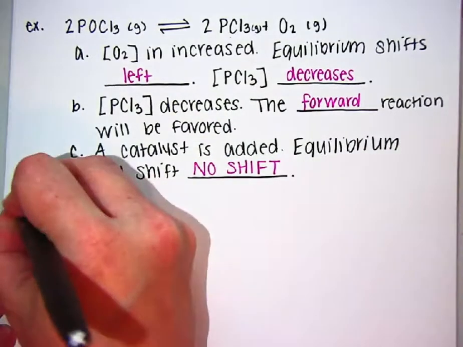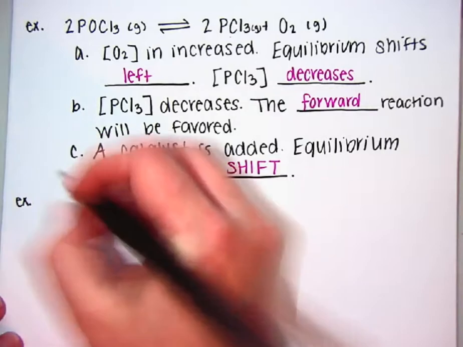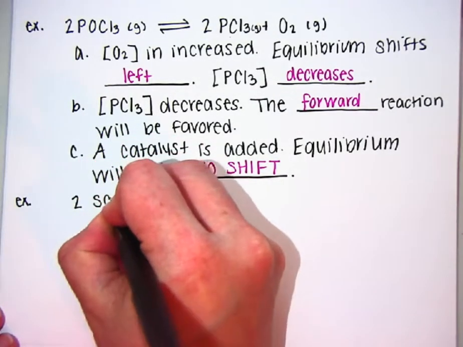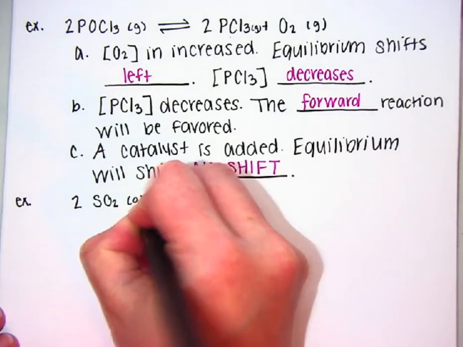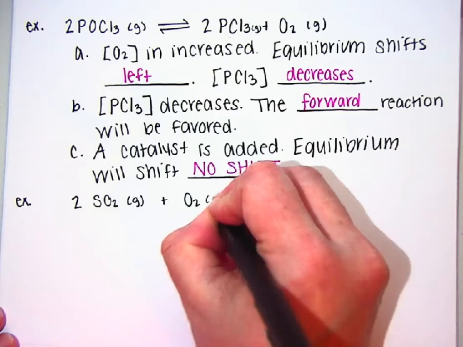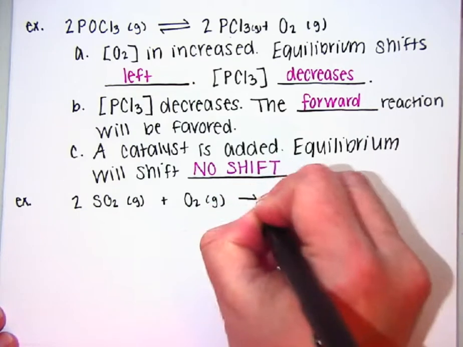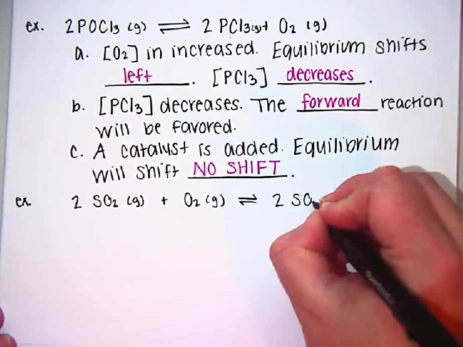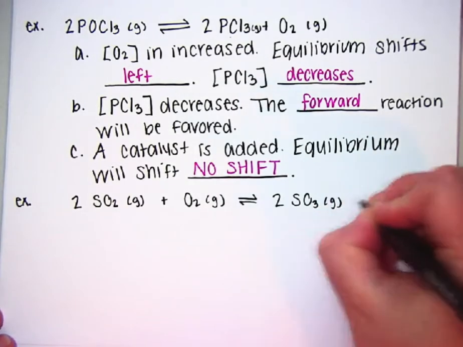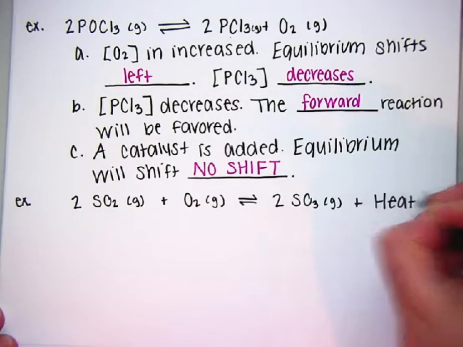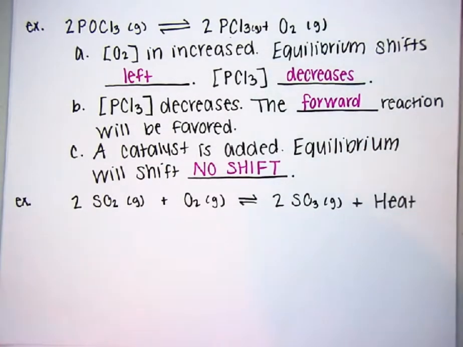New reaction. Sulfur dioxide plus oxygen produces 2 moles of sulfur trioxide plus heat. So this is an exothermic reaction.